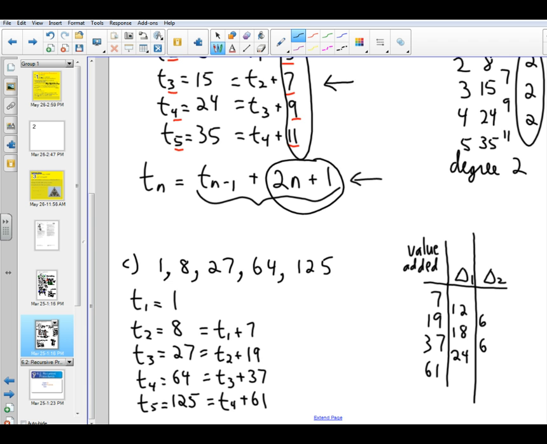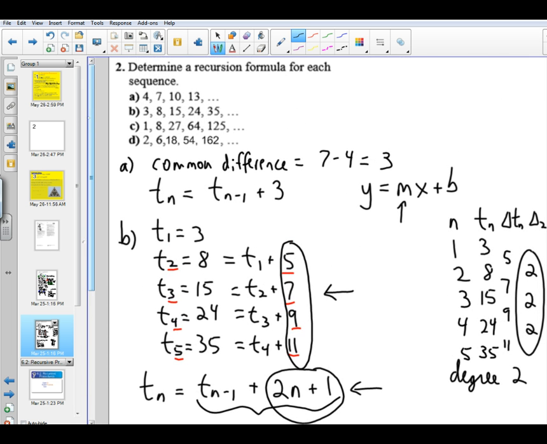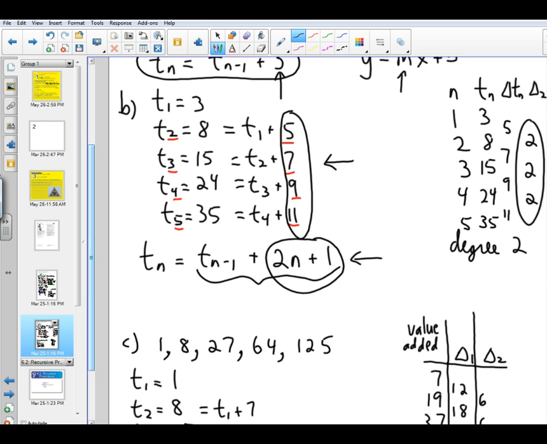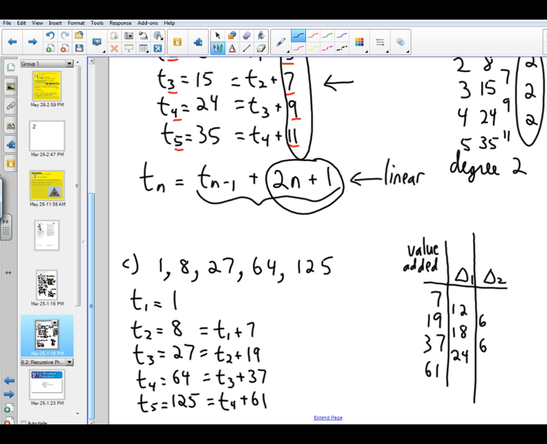So we might be able to predict that if a linear sequence takes a previous term and adds a constant amount, and a quadratic type relation takes the previous term and adds a linear amount, that is in the form mx plus b, we should be able to predict perhaps here that a cubic, and I know this is cubic because these are all the cubes of the term number, that a cubic relation may require us to take a previous term and add a quadratic expression. And the only thing I can say at this point is good luck if you want to work on this.